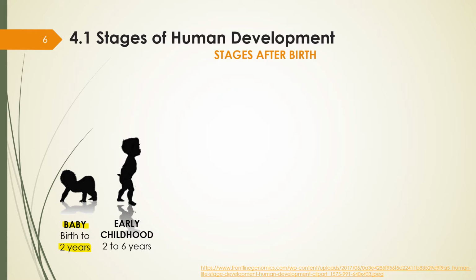The first stage I call early childhood, so it's like the first childhood. The early childhood comes from 2 years to 6 years. So basically these are the kids from pre-K, kindergarten, and first grade. Okay, so these kids we call early childhood.